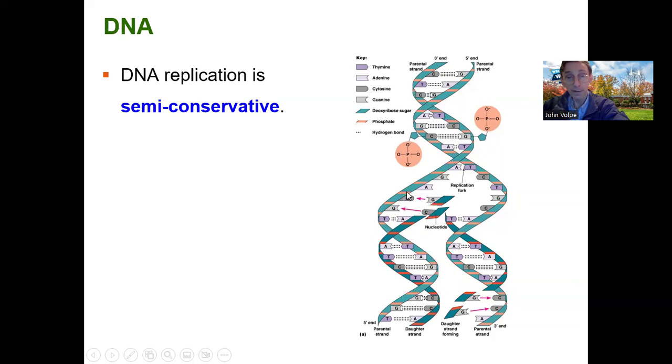And so this is a template for this new strand, and this is a template for this new strand. We call the DNA replicating this way semi-conservative, where one strand is the original strand, which is used as a template to make the newly synthesized DNA.